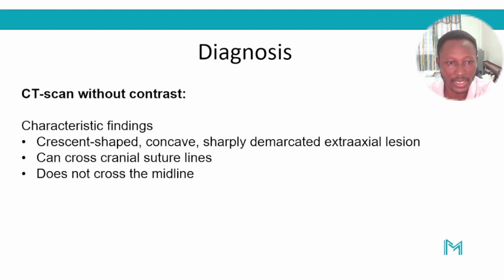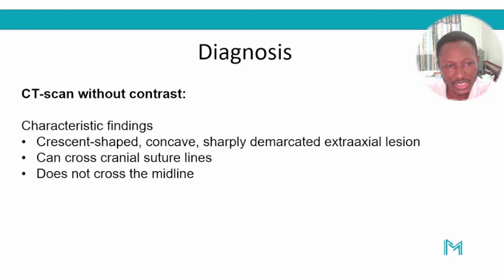The sutures are the joints of the skull bones, and you have the dura sharply adhered to these suture lines. But in subdural hematoma, the bleeding is occurring below the dura, so there's free space there, and it can cross along the suture lines. But in epidural hematoma, which is the opposite, the bleeding is occurring on top of the dura, and because the dura is attached at the top part to the suture lines, the blood cannot cross over those suture lines.